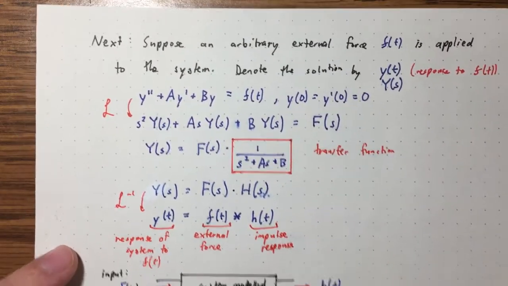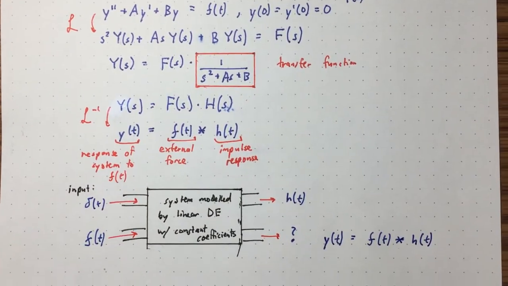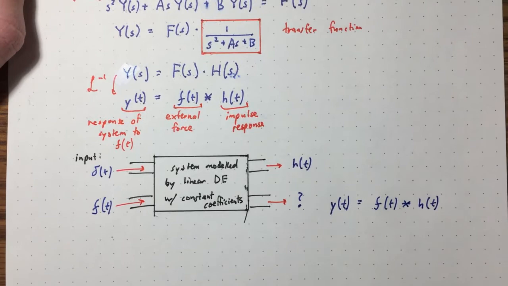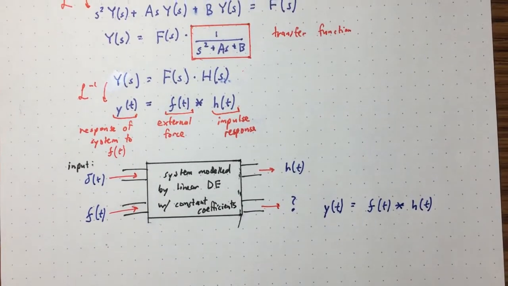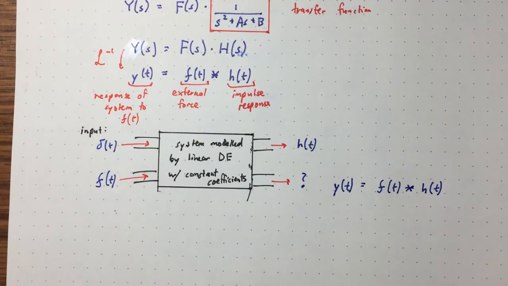And basically, these observations that we've just made are the foundation of what's known as control theory in engineering. Okay, so we've basically come to the end of this course in differential equations.